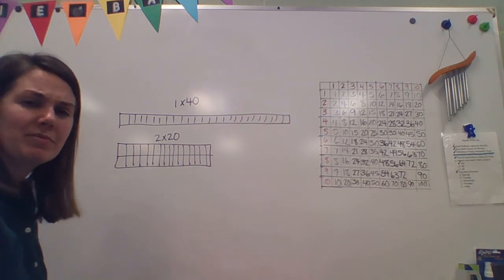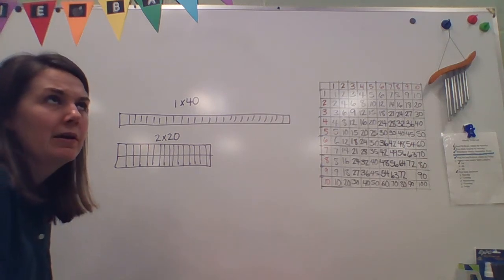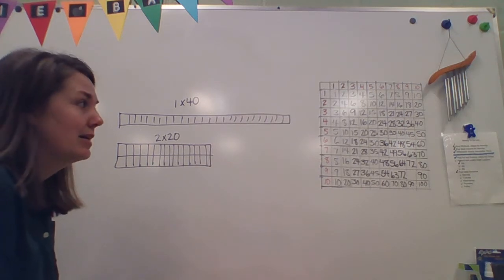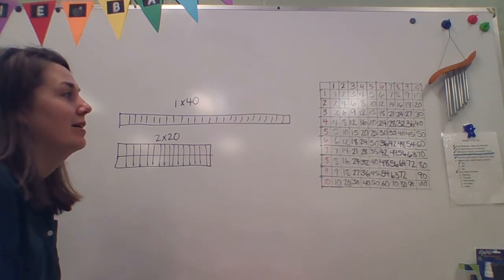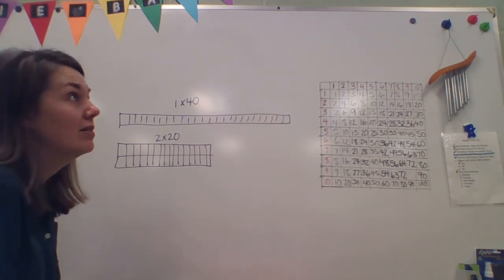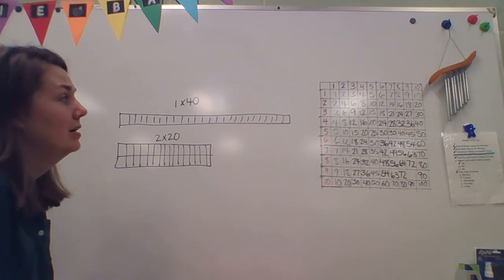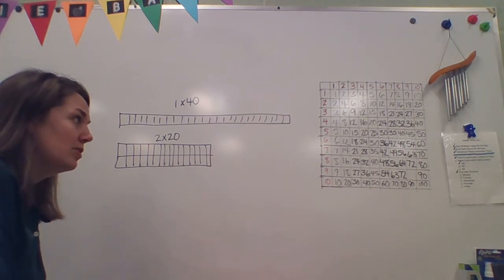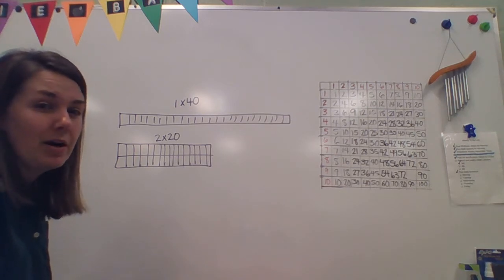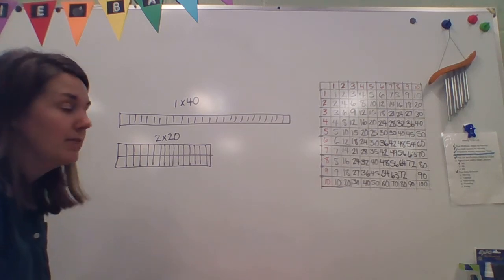Let's see, any number times 3 that would get us to 40? 3, 6, 9, 12, 15, 18, 21, 24, 27, 30, 33, 36, 39, 42. Nope, I skipped 40. So 3 would not be a factor that would get us to 40.